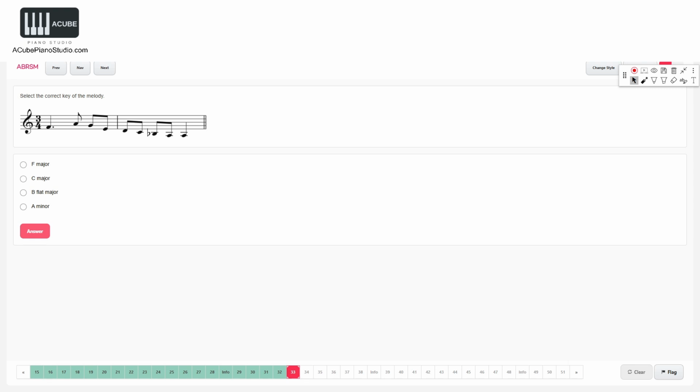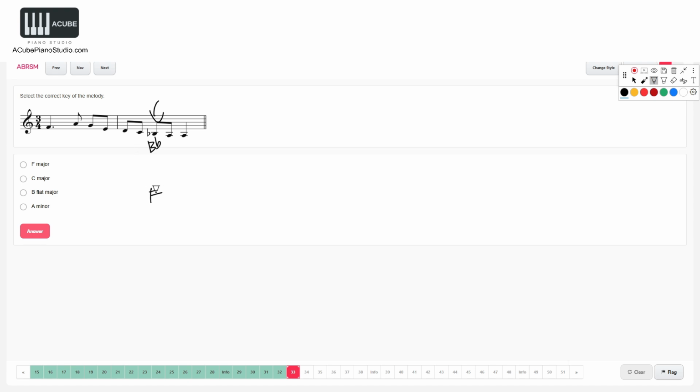So now I have this, and if I look, this is F, A, G, E, D, C, B flat, A. So I only have B flat. The E has no flat, so that means only B flat. If you only have B flat, what key is it?